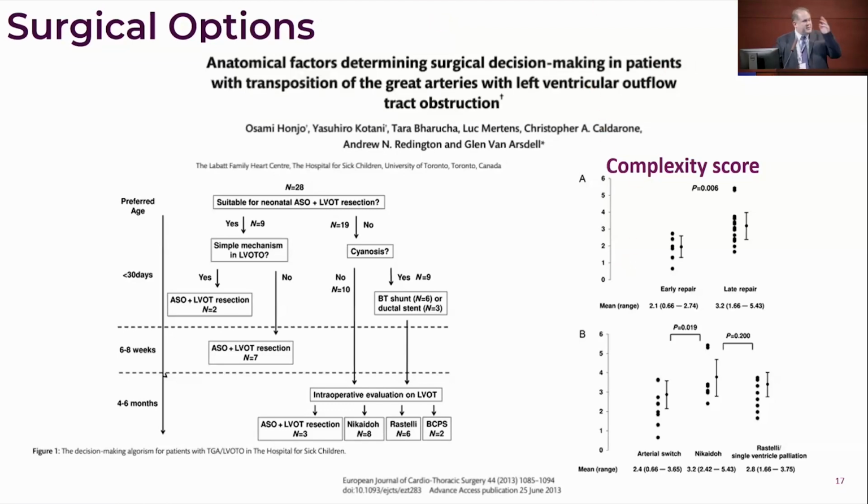And in these studies, it's most common to do a Rastelli procedure when they have coronary anomalies. If they don't have any coronary concerns, most likely they will consider doing a Cairo. If there's a small LVOT obstruction, you can consider a resection of the LVOT membrane and do the arterial switch.